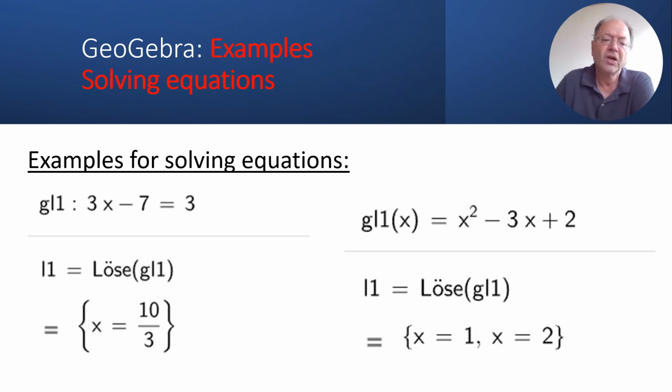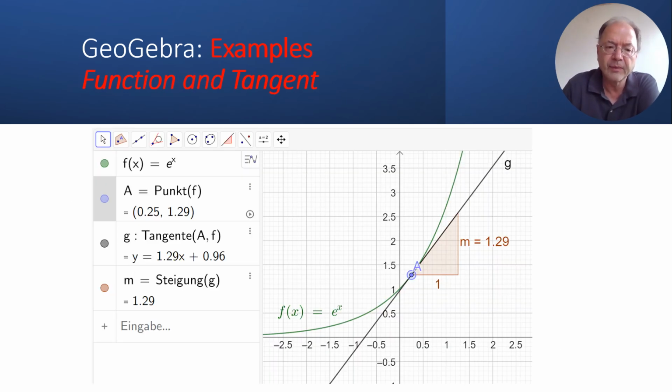If in the next line I say solve GL1, that is the German word löse, the German word for solve, it just gives me the x as a fraction. If I do the same with a quadratic equation, I get the two solutions here. So it has quite some symbolic algebra included that you can use. Not everything, but quite something. You can work with that.